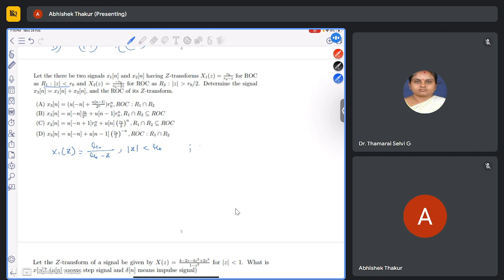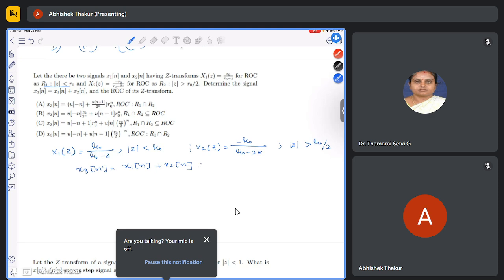Now X2(z) is equal to minus r naught divided by r naught minus 2z, and the region of convergence is mod of z is greater than r naught by 2. So determine the signal x3[n] that is equal to x1[n] plus x2[n], and we have to find the ROC of its Z transform.